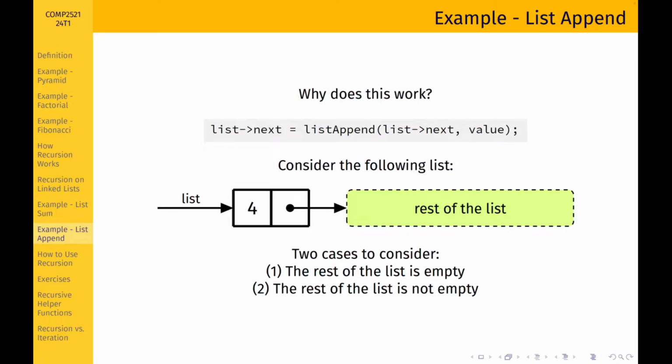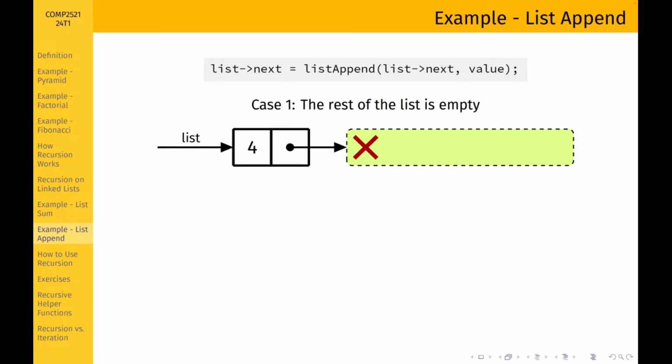Case 1 is that the rest of the list is empty. So what happens in that case? We know from the function definition that in this function call, list append list next, list next is null because the rest of the list is empty.